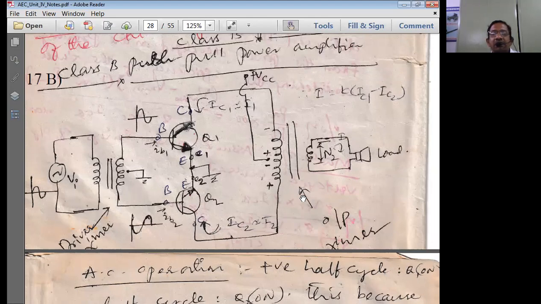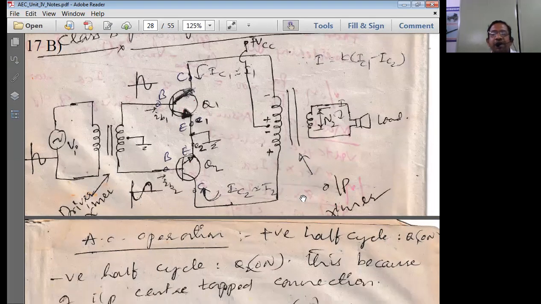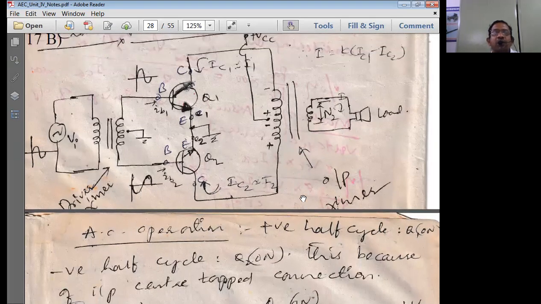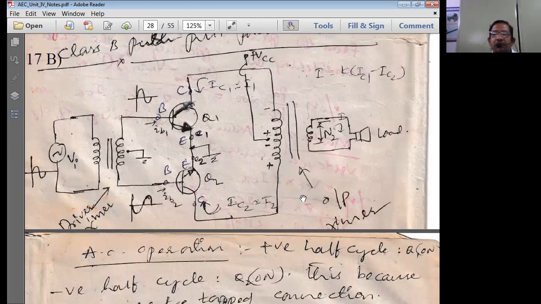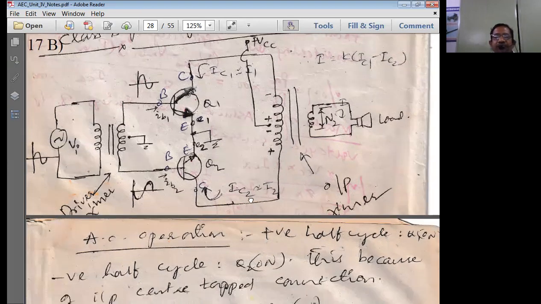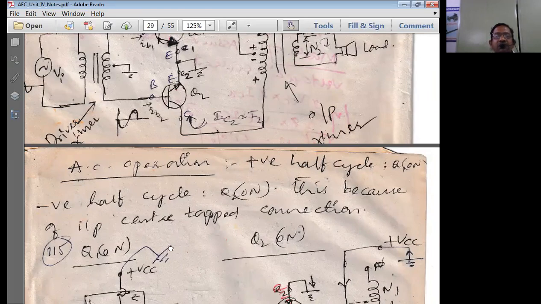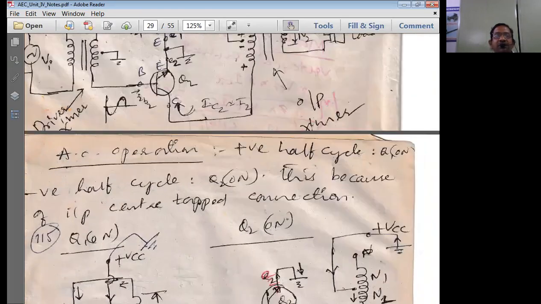Now another circuit we have seen is the class A push pull type. In this push pull type, one transistor will be in the on condition and the other in the off condition, at a single point of time. Under that condition, we discuss the operation of the transistors.